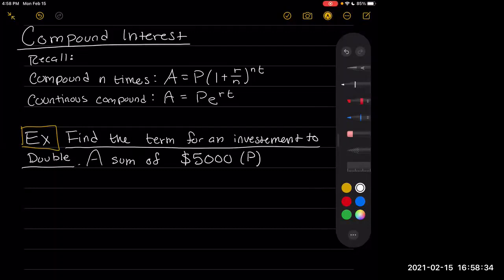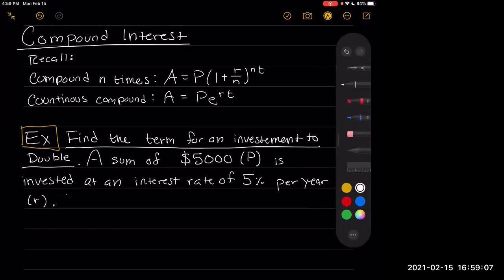So we're going to find the term for an investment to double, and now we're starting with all of our conditions. So a sum of $5,000 is invested at an interest rate of 5% per year. And this is our rate.